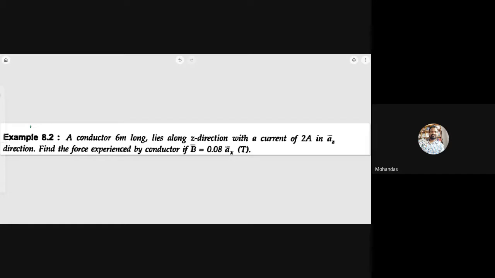A conductor 6 meters long lies along the Z axis with a current of 2 amperes in AZ direction.